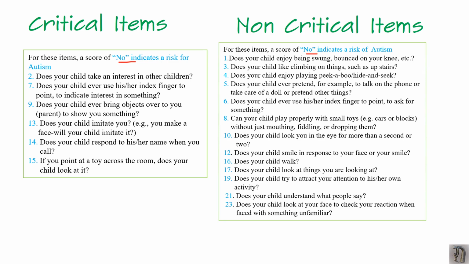These are the items given in the checklist, and if you say no, the child is at risk. If it is yes, the child has no difficulty. As I said, if the child fails two from the critical items or three from the non-critical items, the child will be called for the follow-up sessions to get more information.